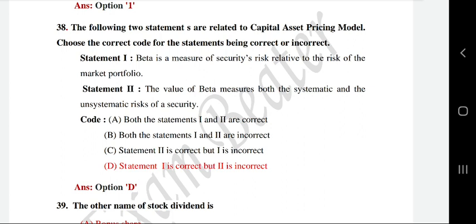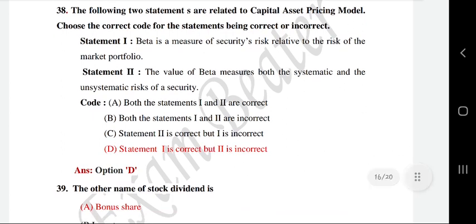Four options are given, and here option D is the correct one. D means statement 1 is correct but statement 2 is incorrect. That means statement 1, beta is a measure of a security's risk relative to the risk of the market portfolio, is correct, and the second statement is incorrect.